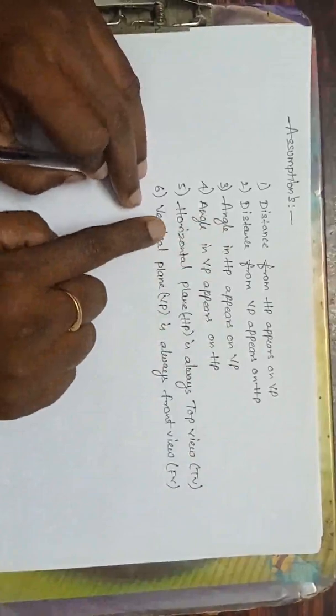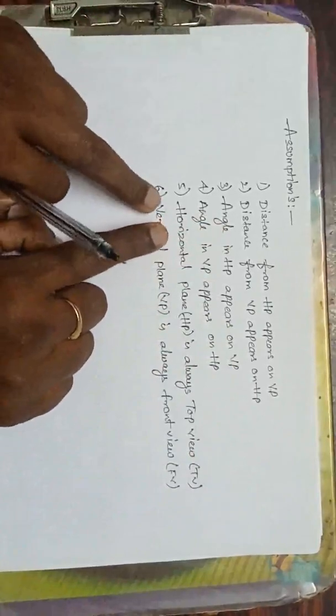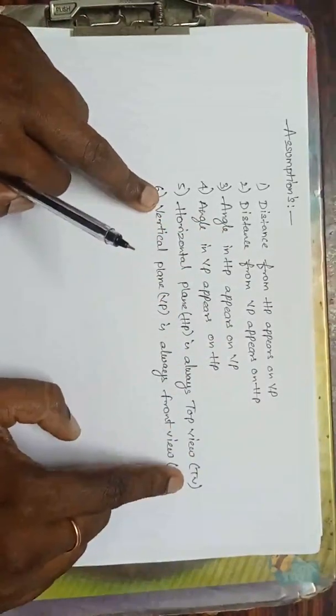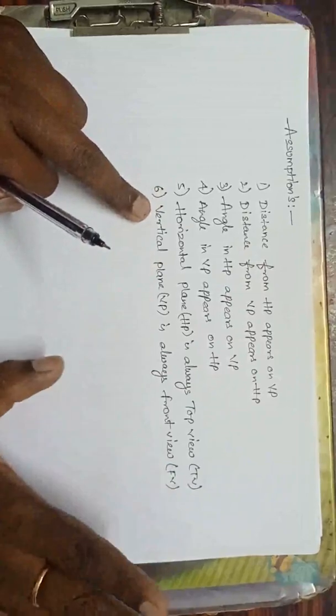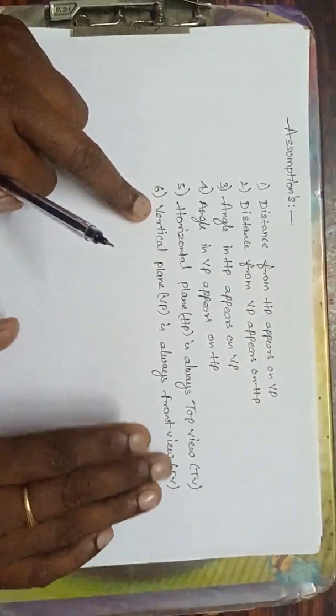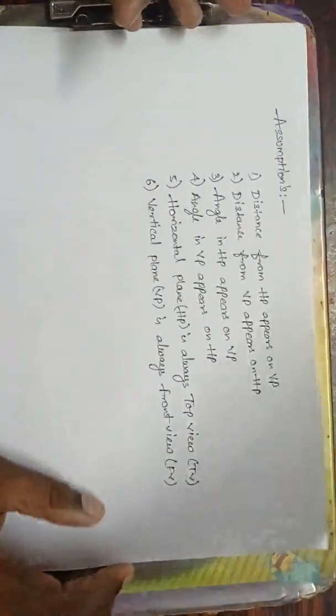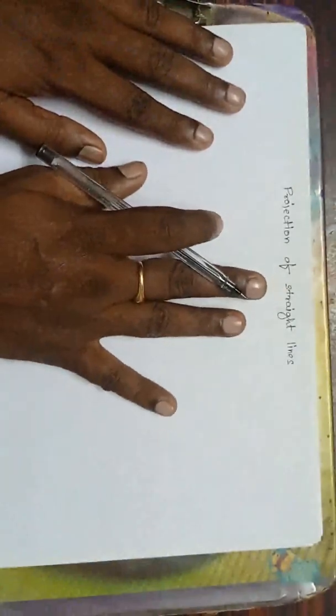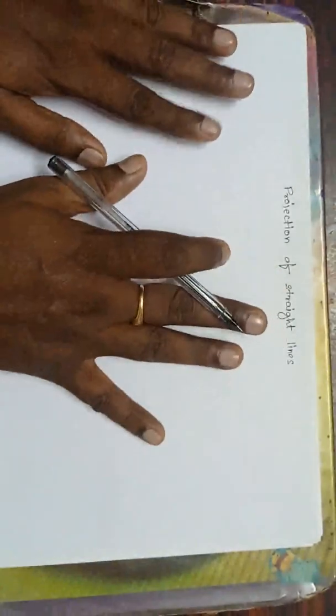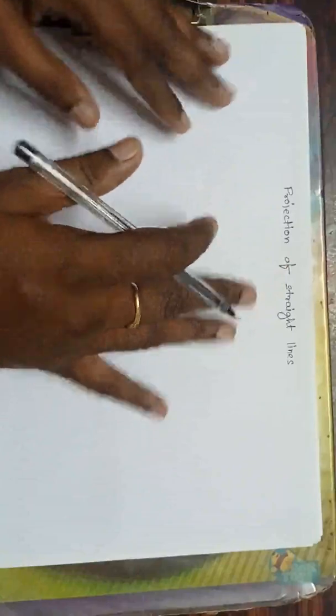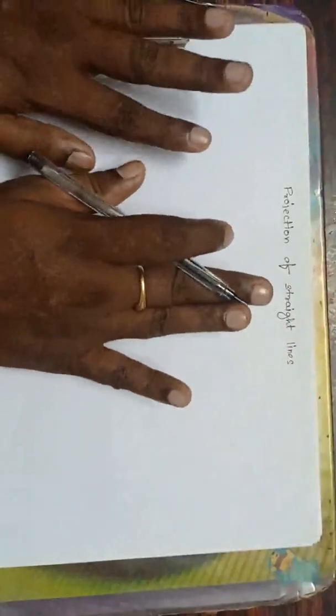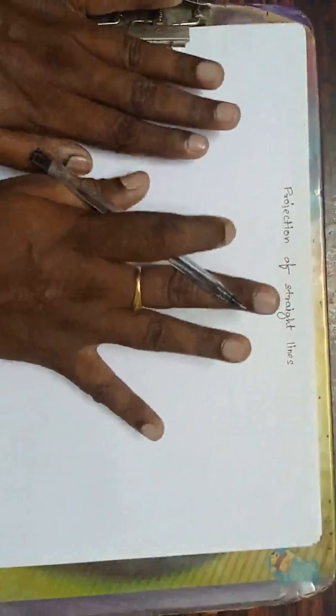The next assumption is that the horizontal plane is always the top view and the vertical plane is always the front view. These things should be fixed in your minds. Fine. Next, I am assuming that the straight lines are always in the first quadrant. It may be in any quadrant generally, but in our topic we are assuming that the line is in the first quadrant only.